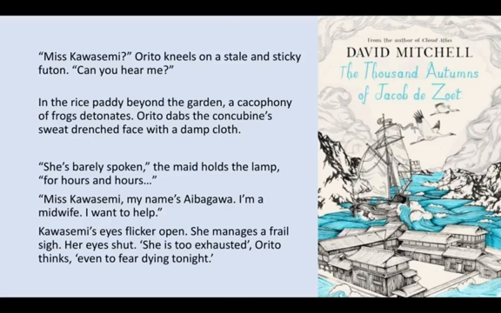So this is the beginning of the book, and it starts at this moment of great tension, and obviously we don't know at this point, because this is literally the opening, we don't know who Miss Kawasimi is or who Orito is. We don't even really know where we are. The second paragraph, the little bit about the rice paddy, perhaps gives us a sense of where we might be.